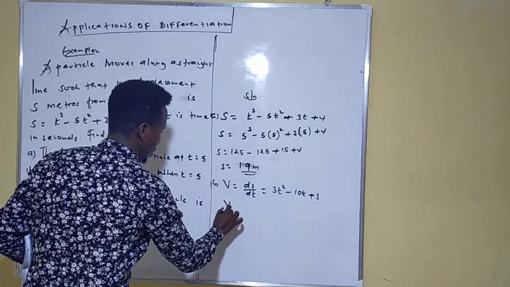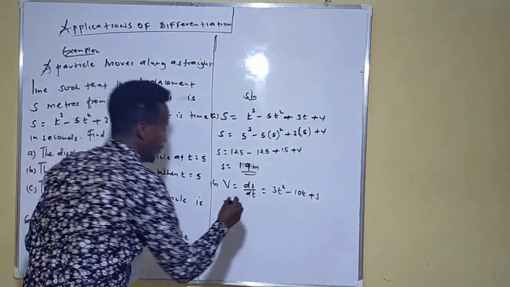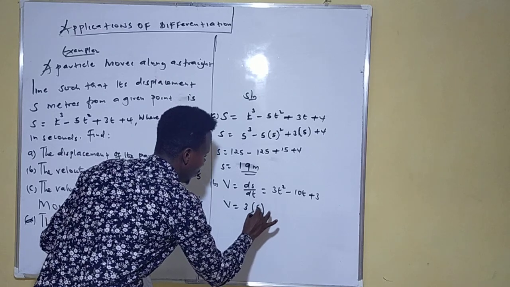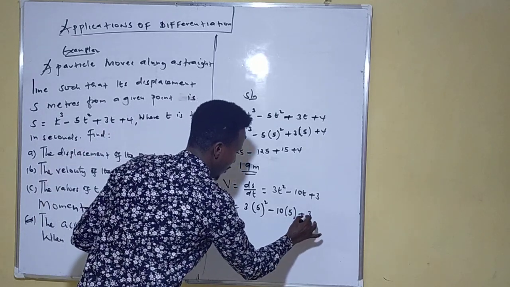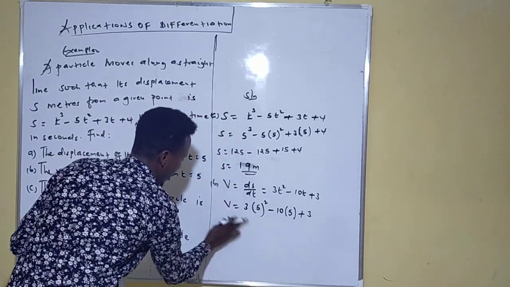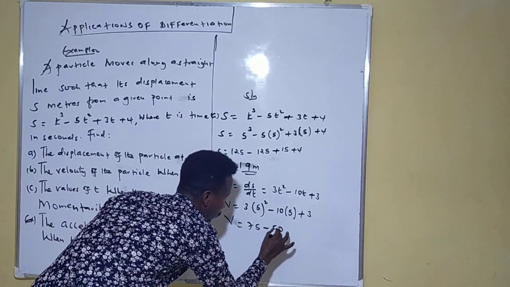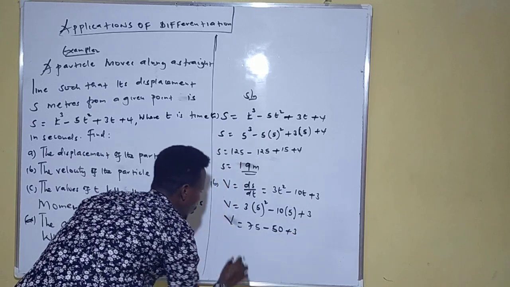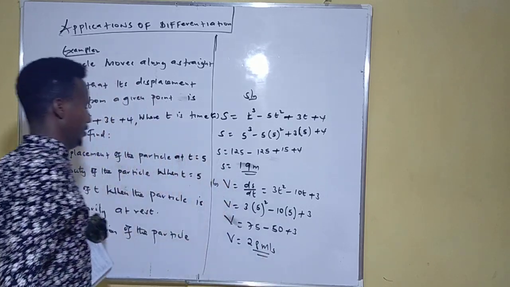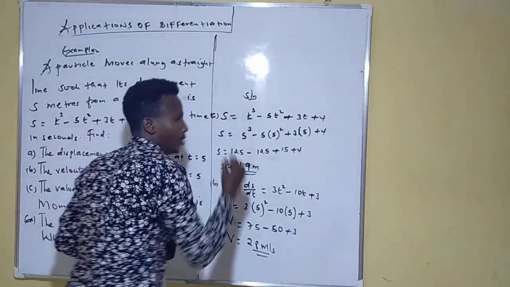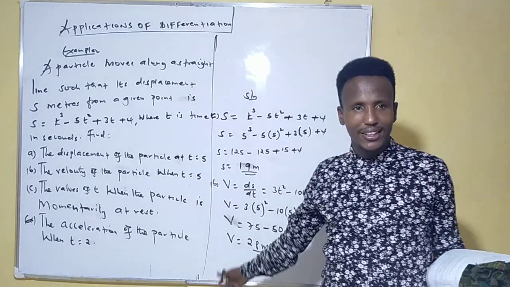Now velocity when t is 5: 3 into 5 squared minus 10 into 5 plus 3. This will be 75 minus 50 plus 3. So velocity therefore is equal to 28 meters per second. What am I doing? Differentiate this one, then you get velocity. What's so hard here, guys? Very easy. Just understand this.